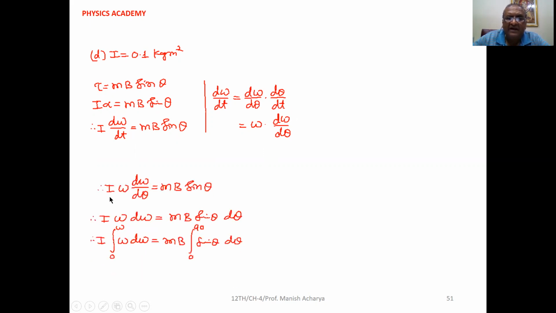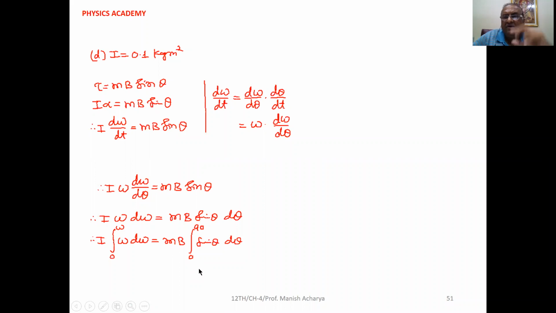So we can write I into omega into d omega by d theta equal to mB sine theta. So take this d theta on the right hand side. So I omega d omega is equal to mB sine theta d theta.